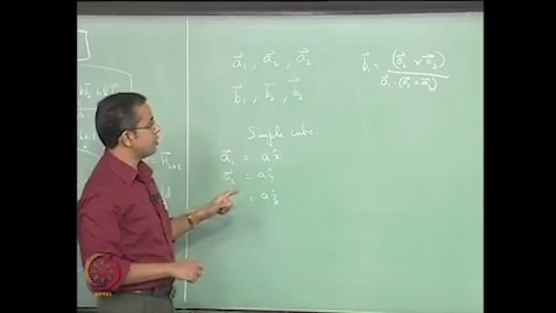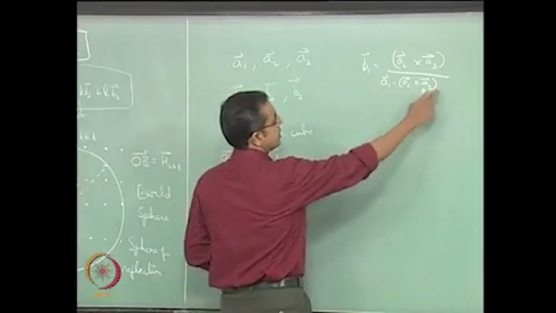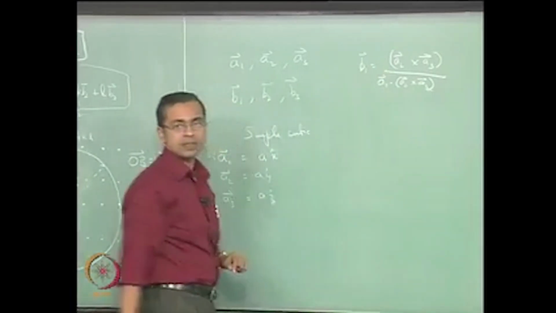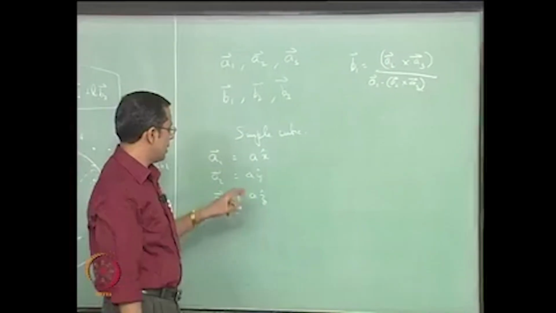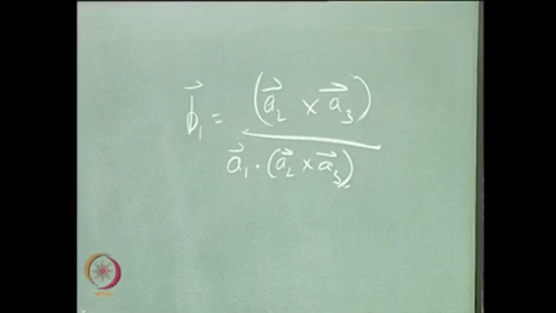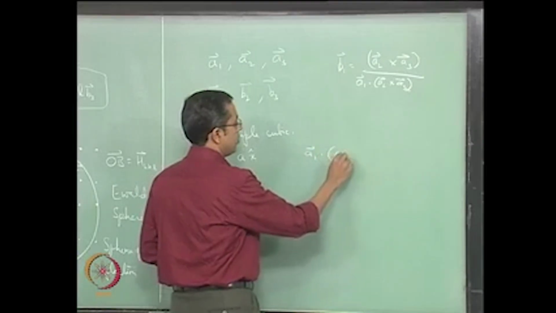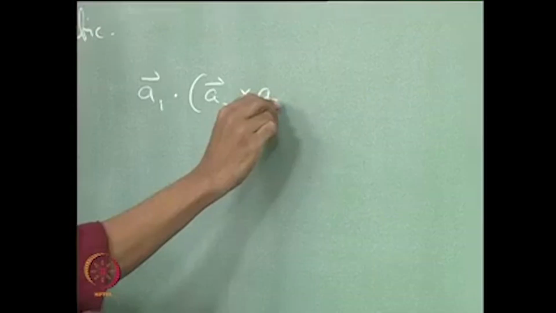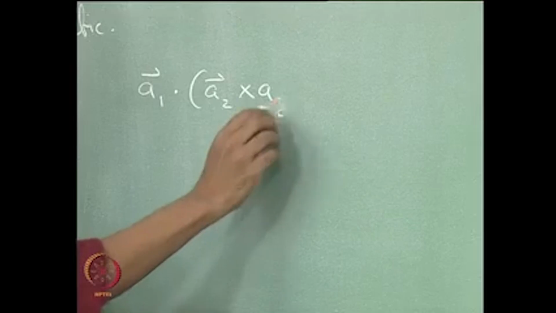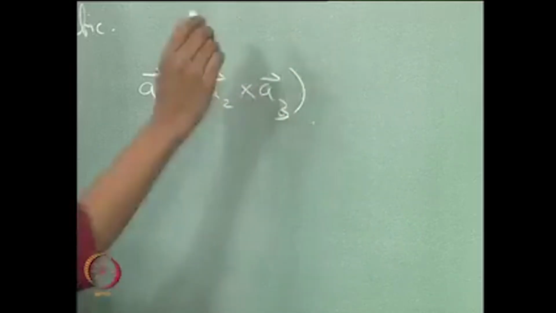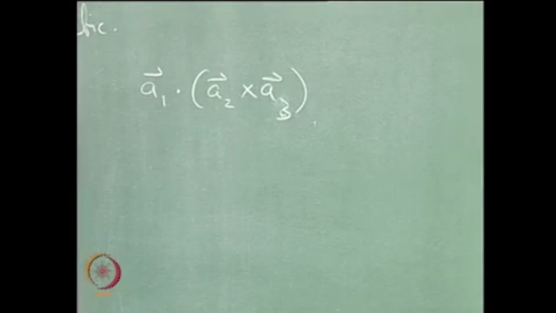So the first thing we need to do is calculate this bottom part, which is the volume of this reciprocal lattice. We need A1 dot A2 cross A3. What is A2 cross A3?